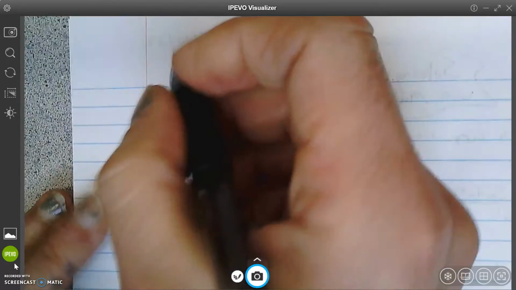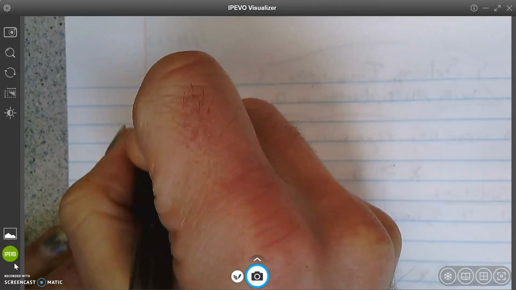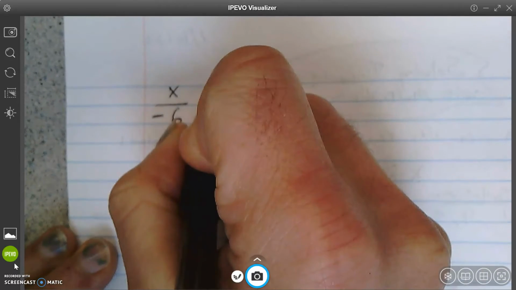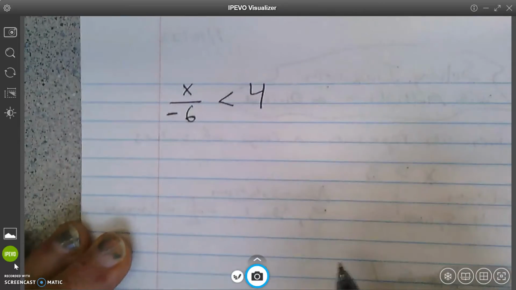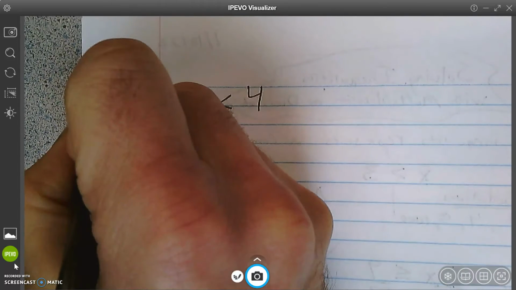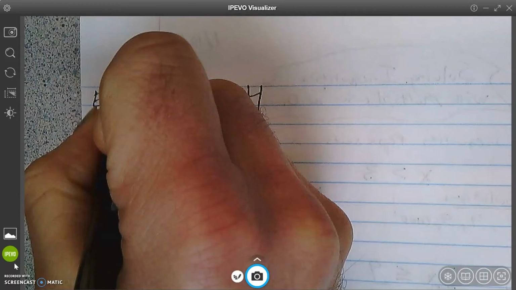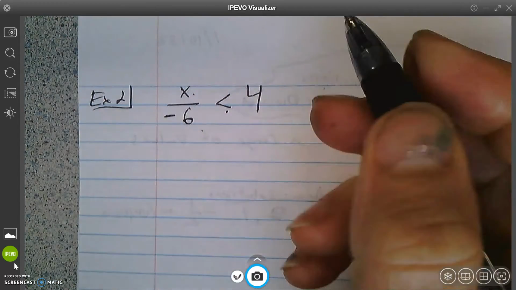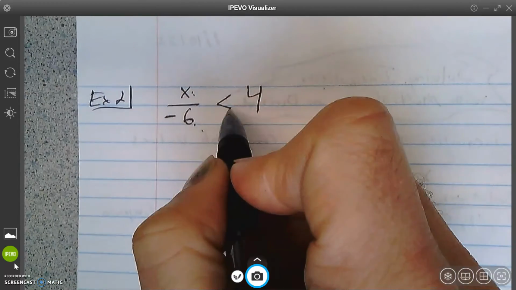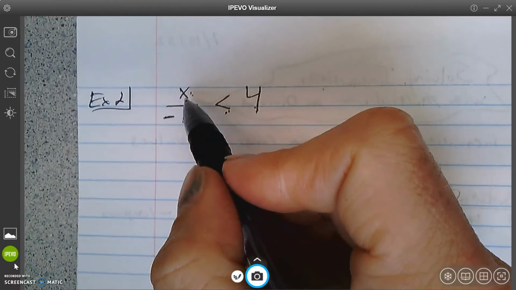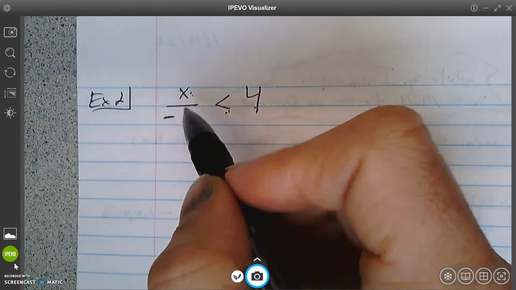A new page because I need more room. Okay. Example 2. X divided by negative 6 is less than 4. So what number divided by negative 6 is less than 4? Okay, so I'm solving this, so I do the opposite. What's the opposite of division?